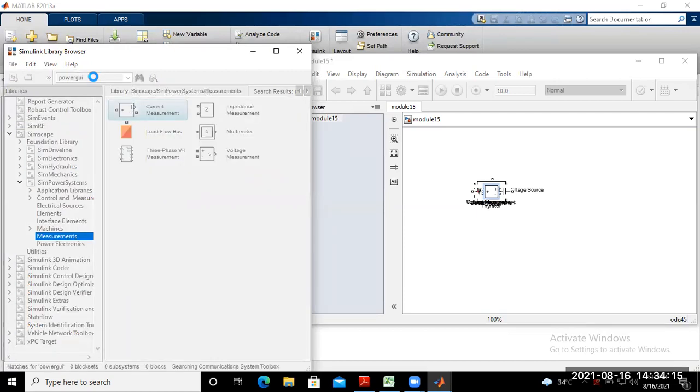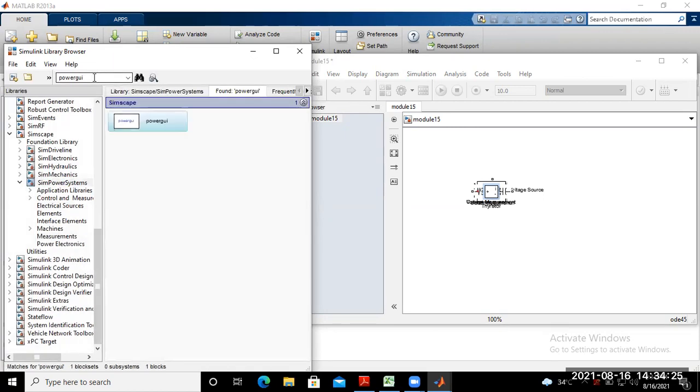We got the powergui block. So this powergui, add into the model number 15.